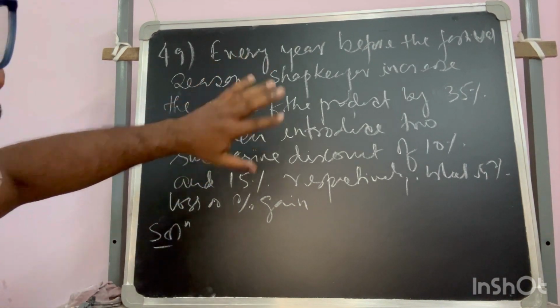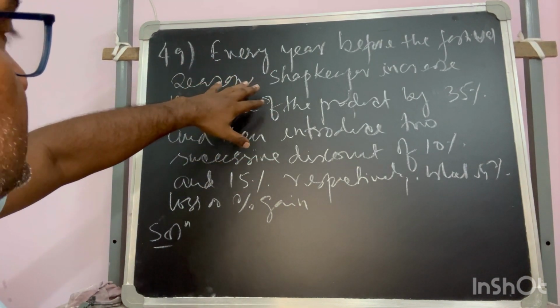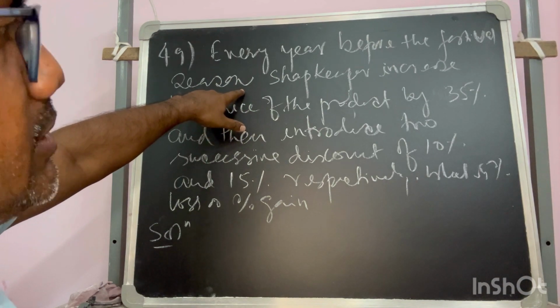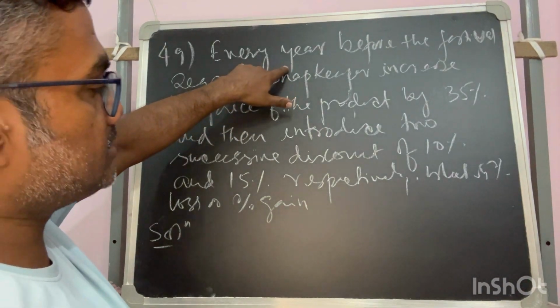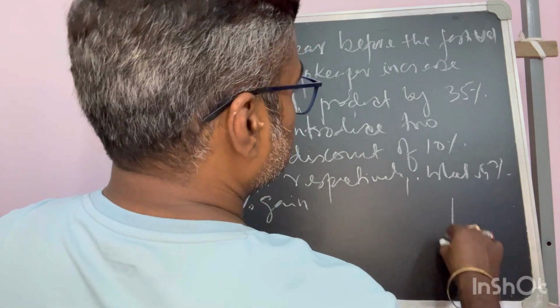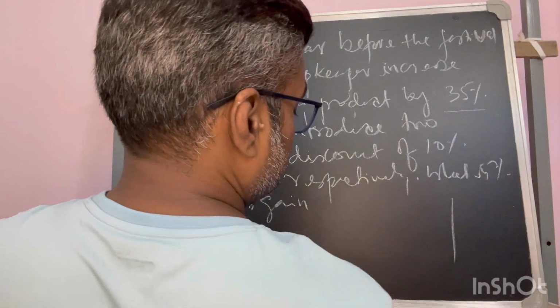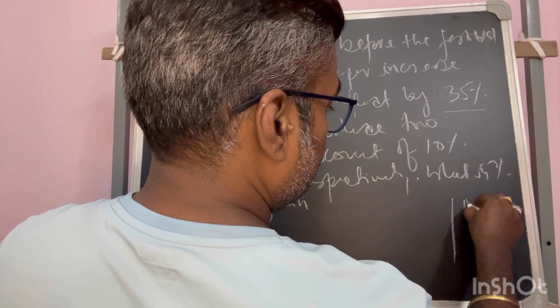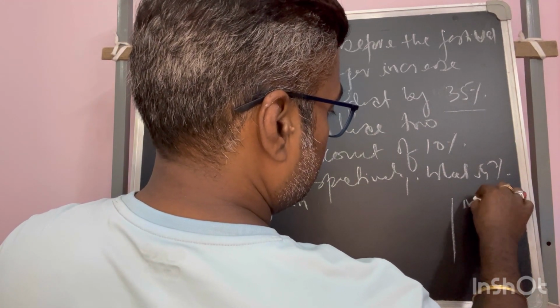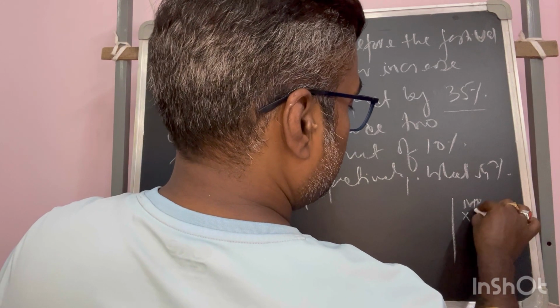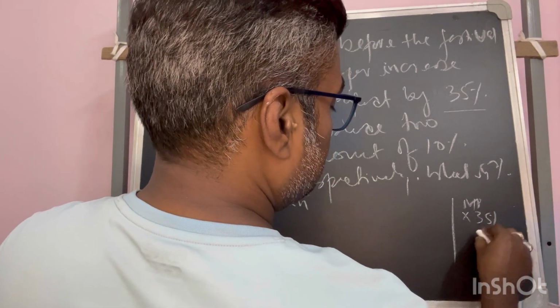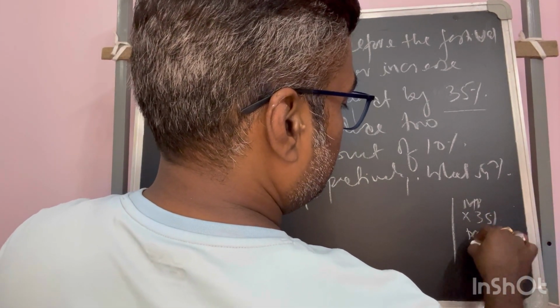So now the thing is that at some point of time he is increasing the price. He is increasing the product price by 35%. That means whatever the mark price was in the earlier case, he is increasing it by 35%, so he will get a new mark price.